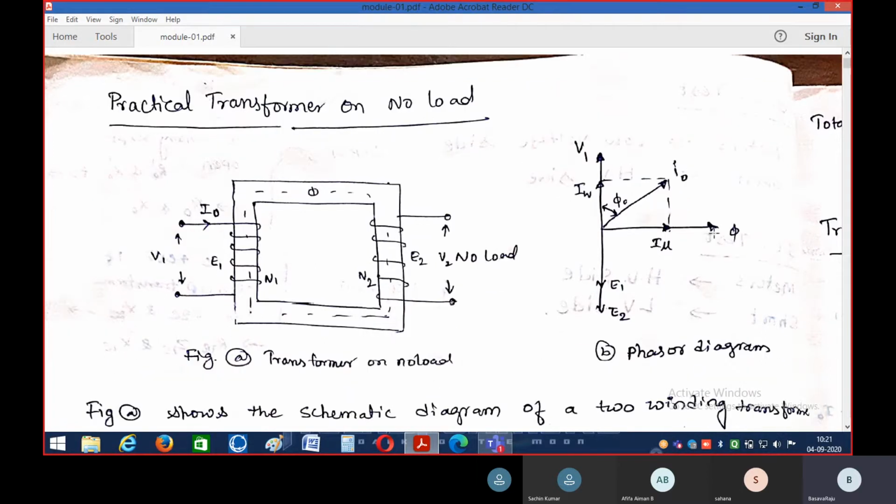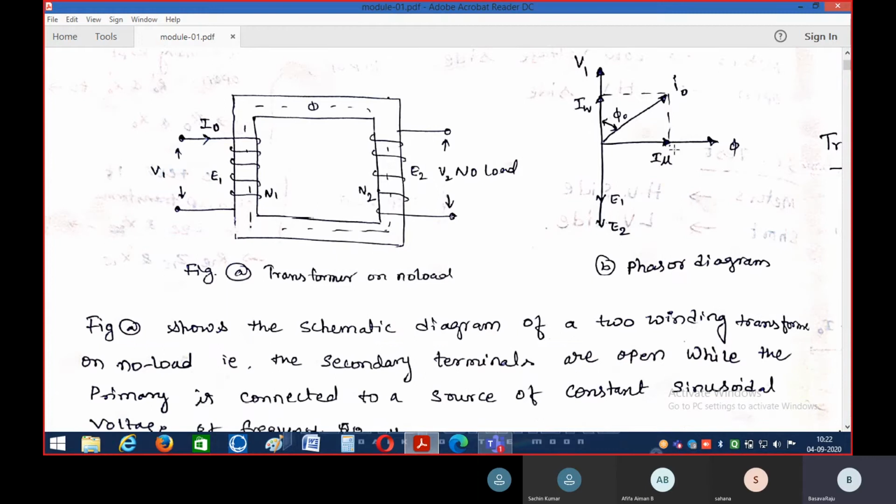So from this vector diagram we can denote the value of phi naught. Phi naught is the no load power factor angle. This is the angle between the working component of current IW and I naught. So this is the I naught vector, right? With respect to this, IW has this angle, which denotes phi naught. This phi naught is called the no load power factor angle.